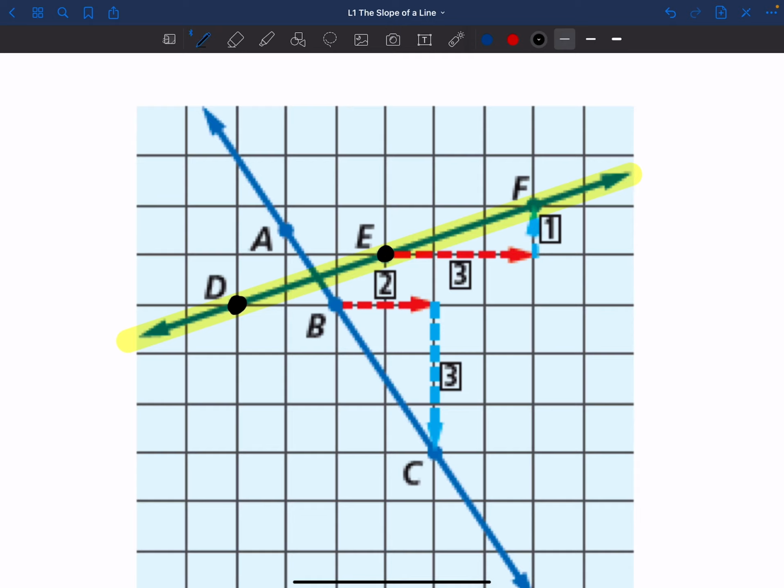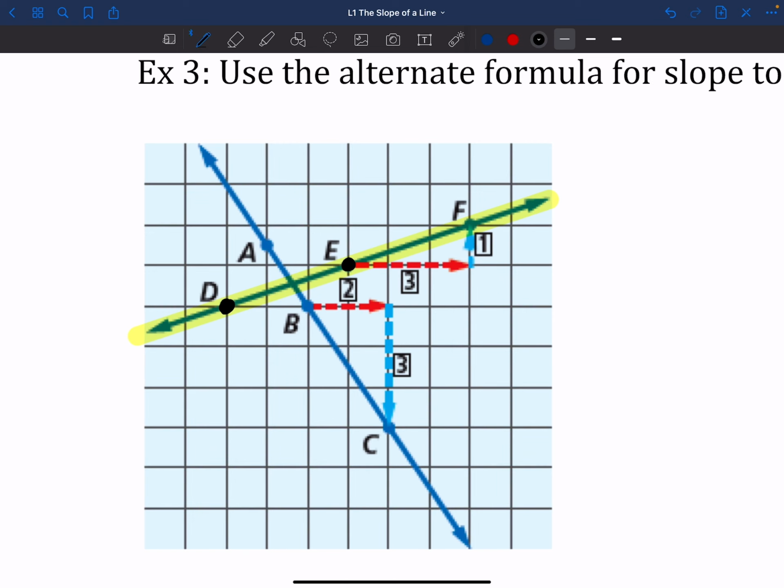All right, so to figure out the slope of that line there, all we're going to do is go from the left to the right. I'm going to go from point D, and I'm going to rise 1. So if I'm thinking about my rise over run, my rise was 1. Now I've traveled up to just this point right underneath A. Now I need to run until I hit the next point. 1, 2, 3 over.